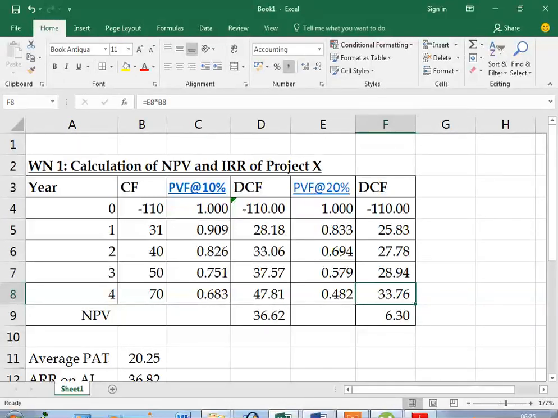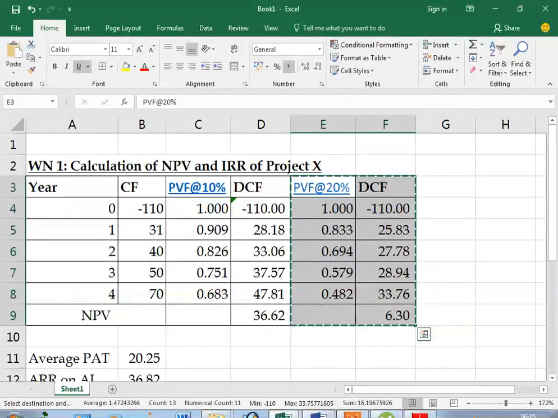How much? This is positive, then try 25%. At 25 we'll surely get a negative and then we can get the IRR. Try at 25%.